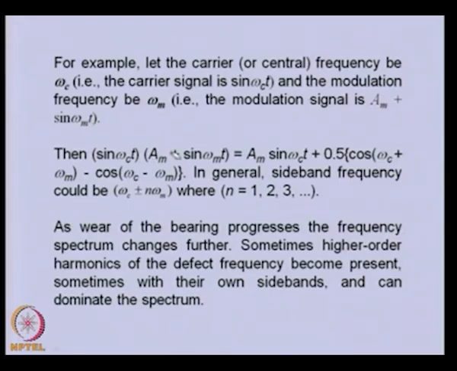Then the multiplication of this can be written like this, and sin omega c t and sin omega m t can be again rewritten like this. So, you can see that basically we are getting the sum and the difference of the frequencies. So, in general, the sideband frequency could be the central frequency plus or minus n times the modulation frequency. Some of the plots will be shown in the subsequent slides.